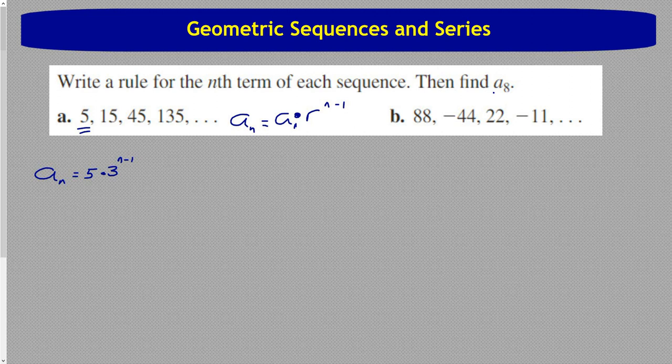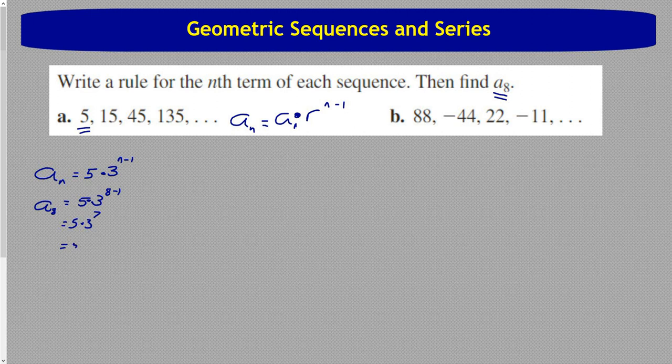Then it says to find a sub 8. So a sub 8, the 8th term of this sequence, is 5 times 3 to the 8 minus 1. I'm going to put a multiply in there. So that's 5 times 3 to the 7th. Now this is super important. Think about order of operations. I cannot multiply the 5 and the 3 yet. I have to do the exponent first.